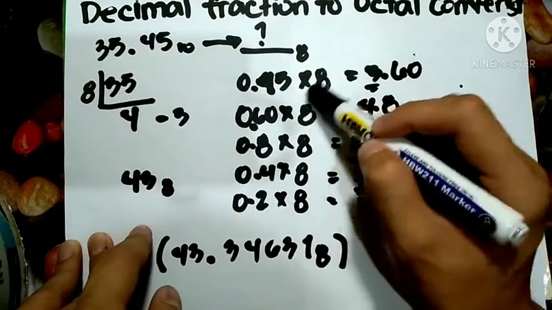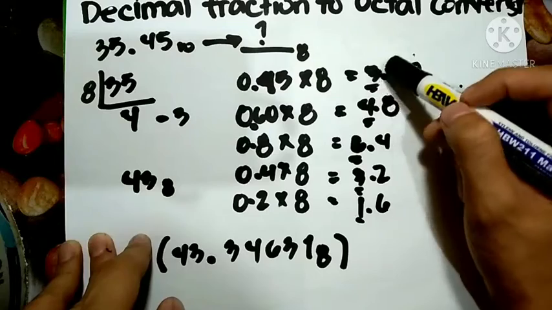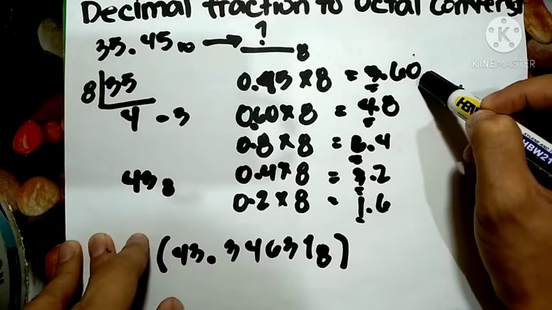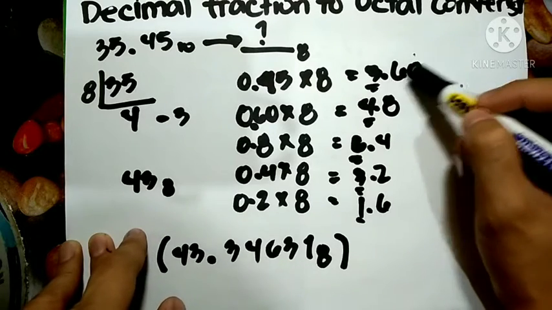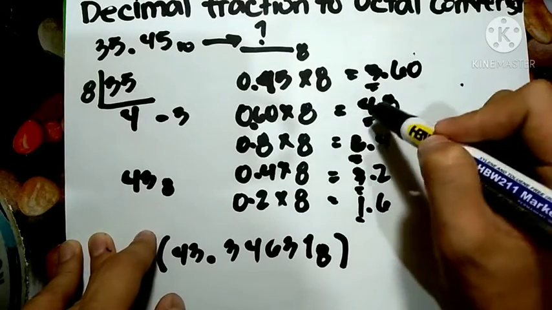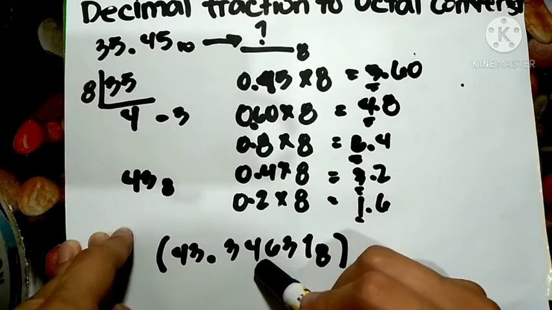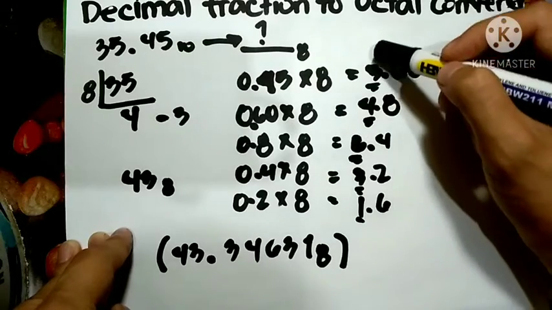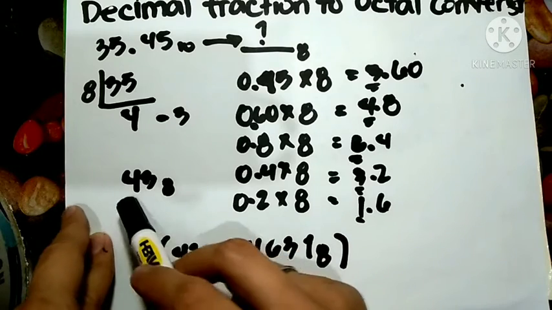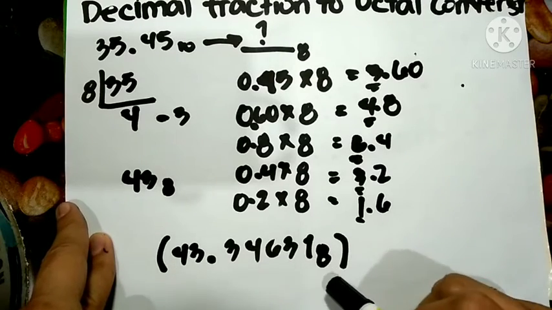So 0.45 times 8 is equal to 3.60. Again, we separate the integer from its fraction, and we only multiply the fraction by 8. So 0.60 times 8 is 4.8, and so on and so forth. We got the answer 34631, and our final answer is 43.34631 base 8.